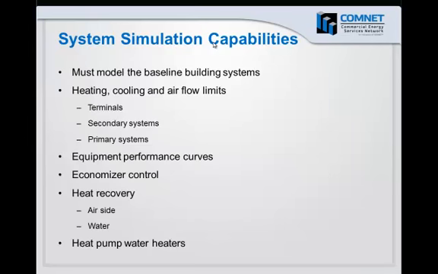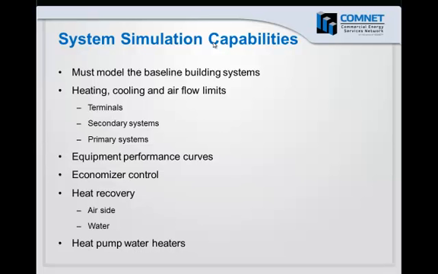The software needs to also be able to model at least the baseline building systems. There's 8 of those with ASHRAE standard 90.1 2007, which COMNET's built on at the moment. There's a couple of additional baseline building systems that will be added for ASHRAE 90.1 2010, which we'll be adding this year.